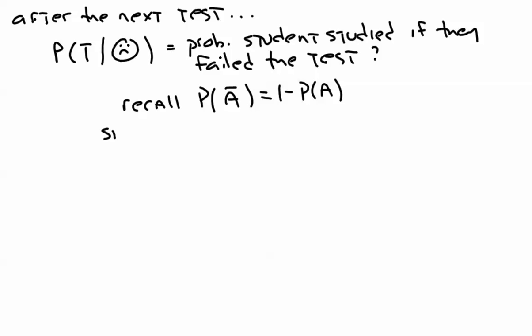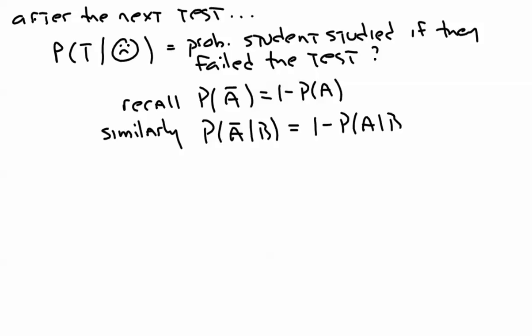Likewise, similarly, the probability of A naught given B equals 1 minus the probability of A given B. And this is without proof. It's a true statement. I'm not going to prove it. Okay? It follows directly from this derived probability relationship earlier.